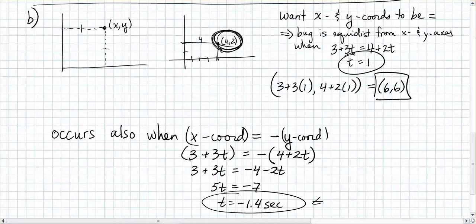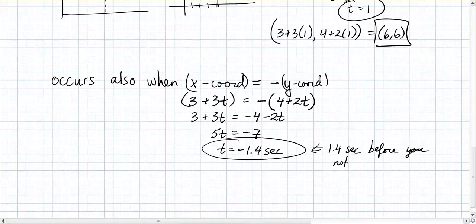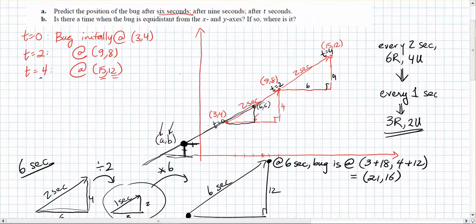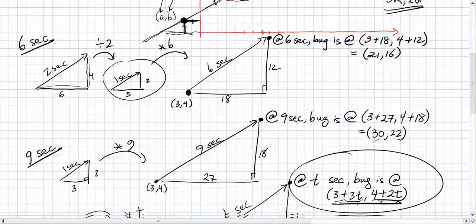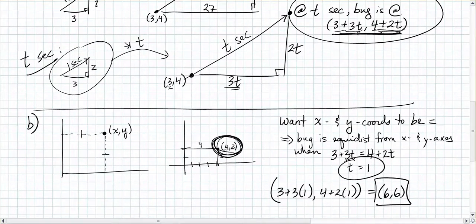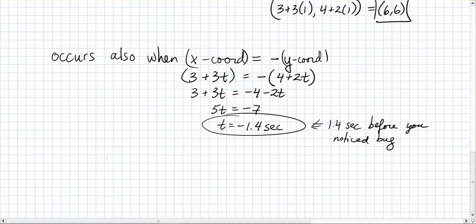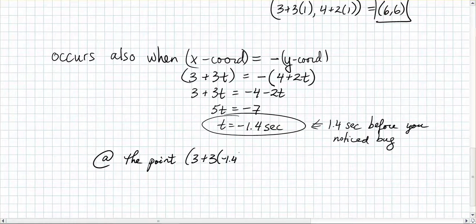-1.4 seconds means 1.4 seconds before you started watching, before you noticed the bug. It was right here. So that was 1.4 seconds earlier. And to get the coordinates for -1.4 seconds, you can just plug in -1.4 here and here. So it's at 3 plus 3t and 4 plus 2t.